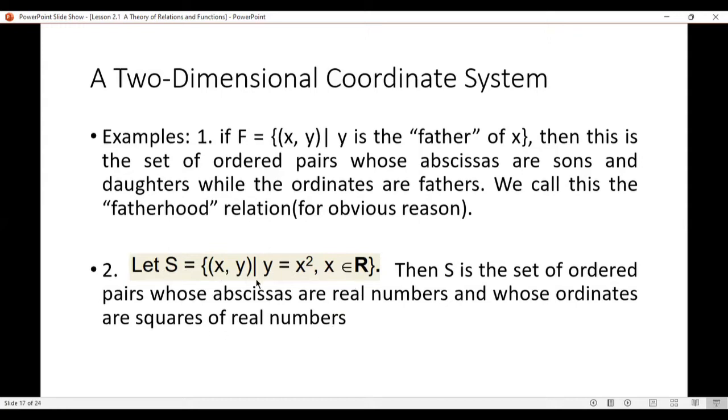Kasi di ba dun sa ating given function, so the equation or the function is y equals x squared. Then by definition, x is also an element of real numbers. Therefore, yung x natin, yun yung abscissas, and it is real numbers. And yung ating ordinate naman, yung y, to get y, we have squares of the abscissa, or the squares of real numbers.